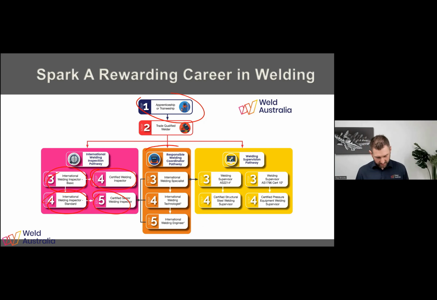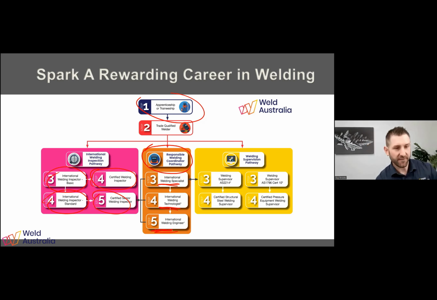The next one that we're looking at is your responsible welding coordinator pathway. So the RWC, and this ties in with 3834. There's 3 levels of that as well. There's your IWS, International Welding Specialist, IWT, International Welding Technologist, and IWE, International Welding Engineer.